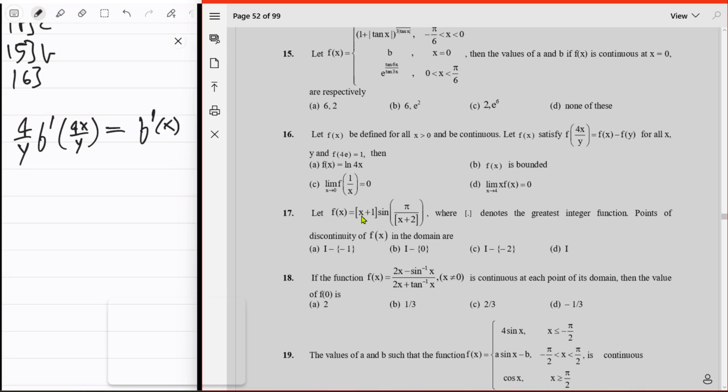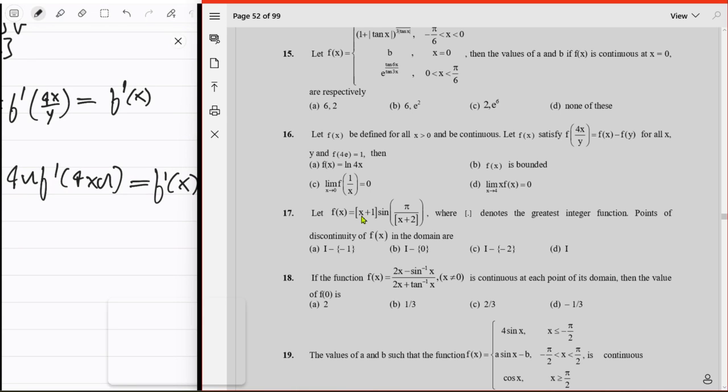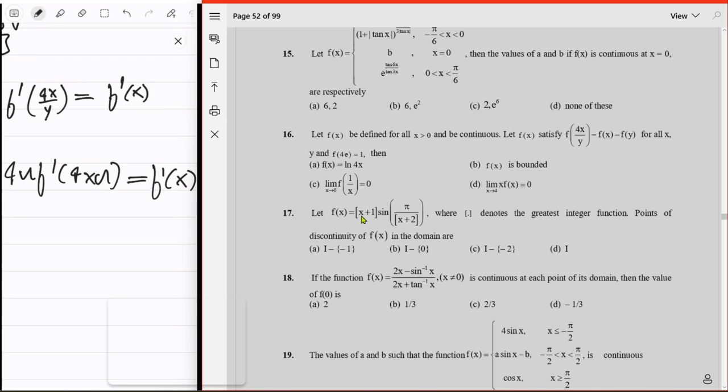I don't want that 1 upon y stuff. We just say 1 upon y is equal to u. So it's this thing, f of u, and then f dash of 4xu is equal to f dash of x. And this works for all kinds of things, right? Just put u equal to, okay, that won't help.